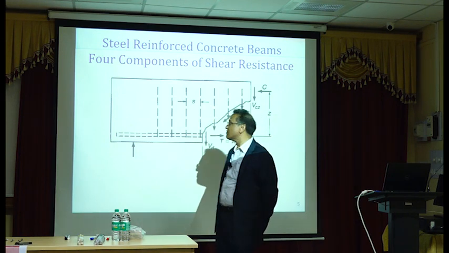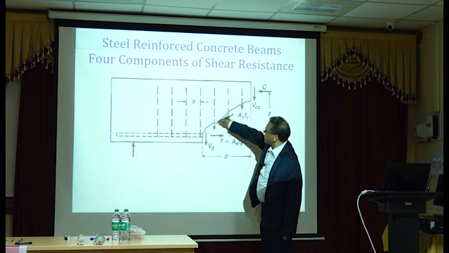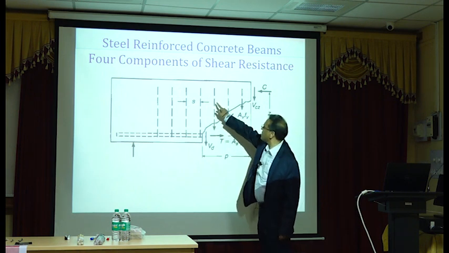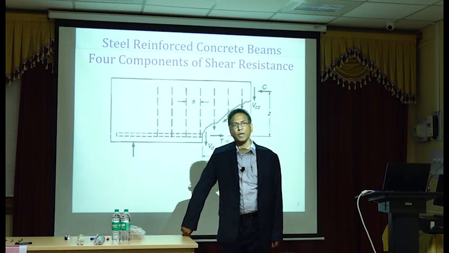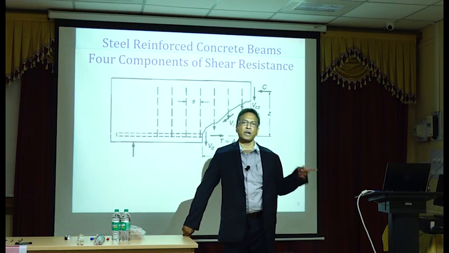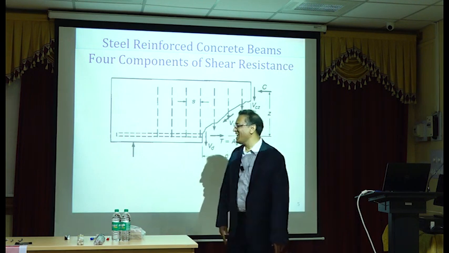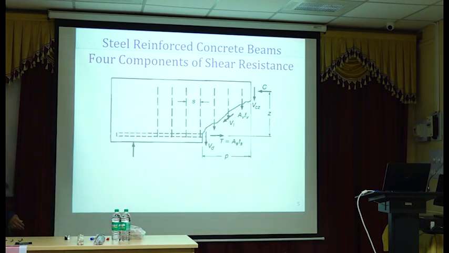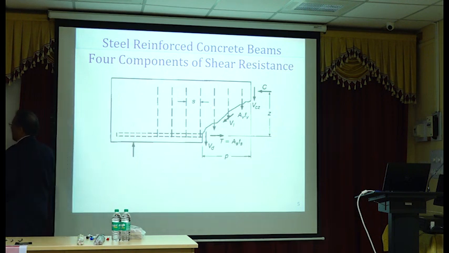Because of that requirement, the ACI code limits the strain in the shear reinforcement to 0.004. Again, I am repeating, 0.004. So you will understand the significance of that if I give you some numbers. We already have that number here. Our modulus is, let's say, 40 GPa.